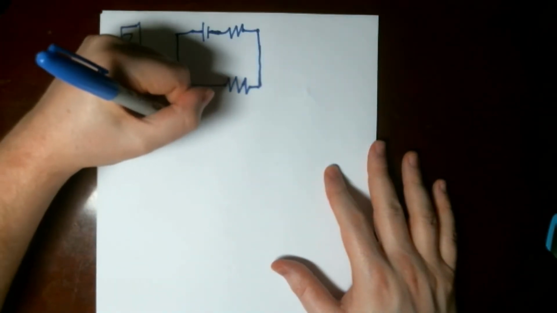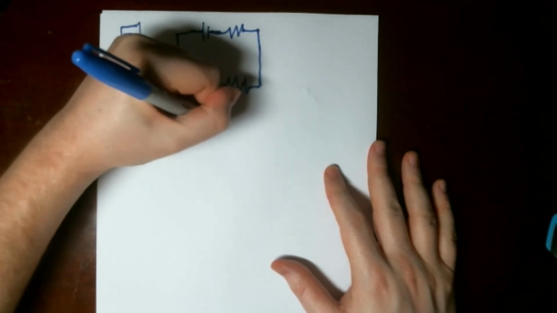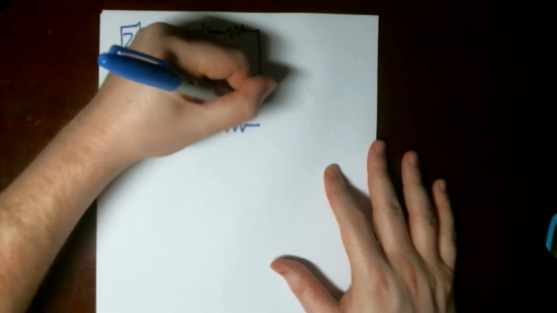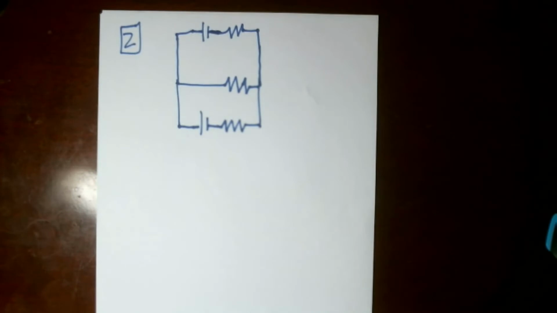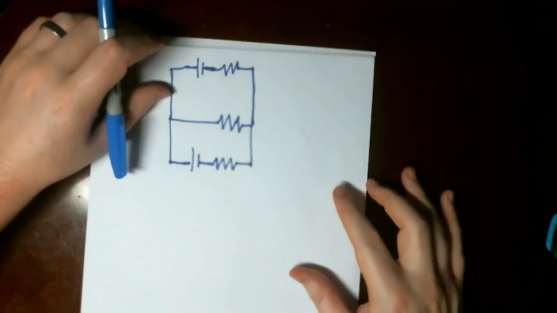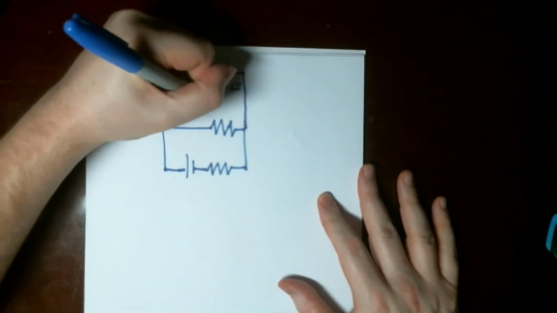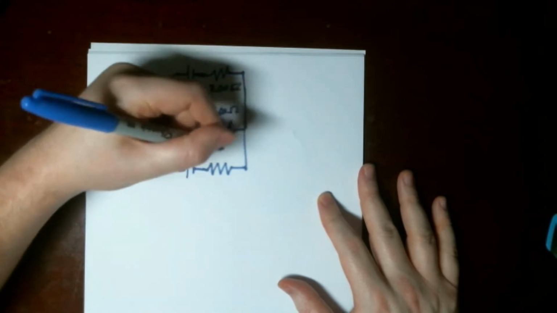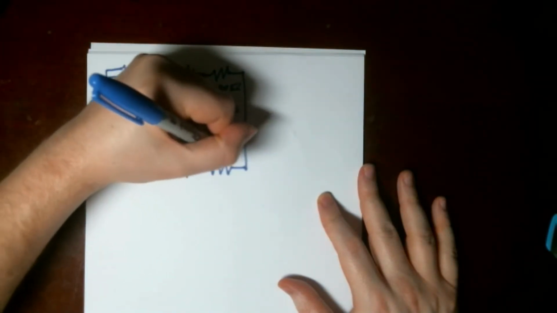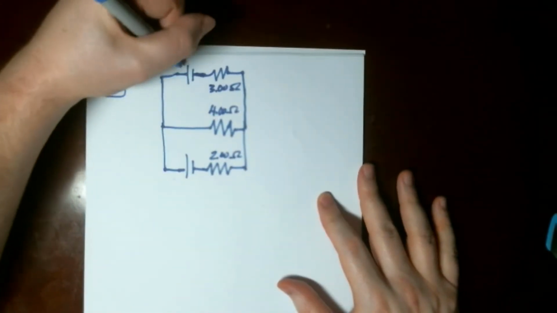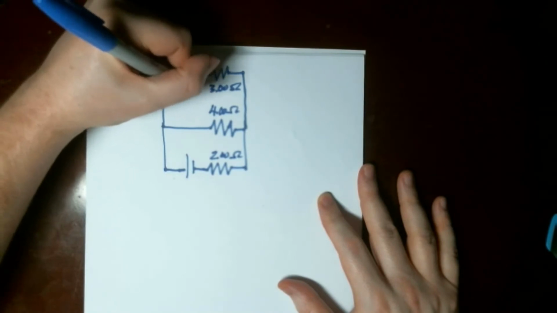So this particular setup is fairly simple. We have a setup with 2 voltage sources, 3 branches, and consequently 3 currents, and 3 resistors. This first one is 3 ohms, the second one is 4 ohms, and this one down here is 2 ohms. And then we have a 5 volt source here.